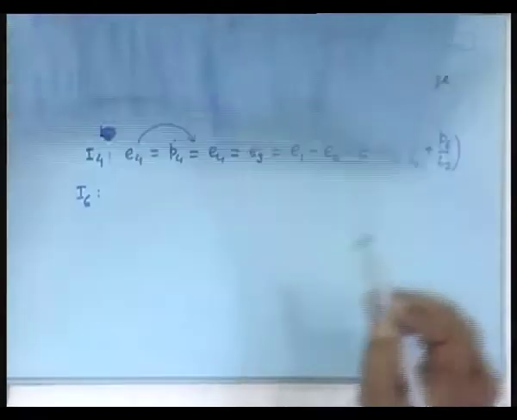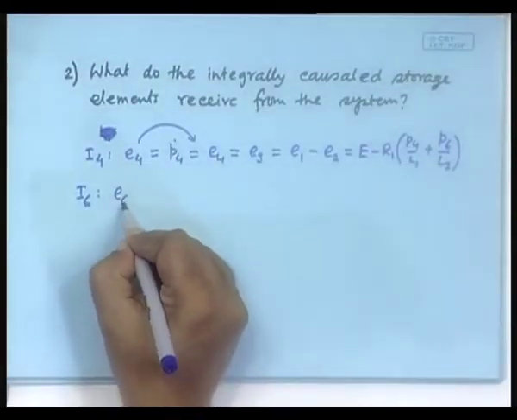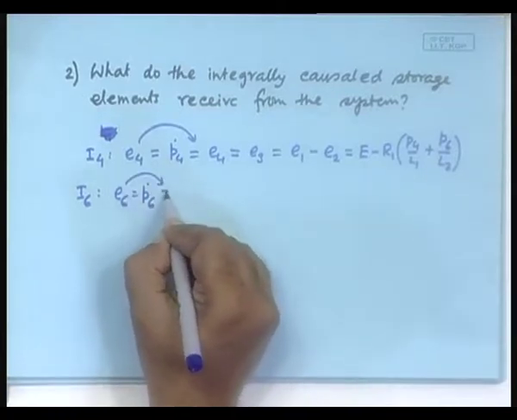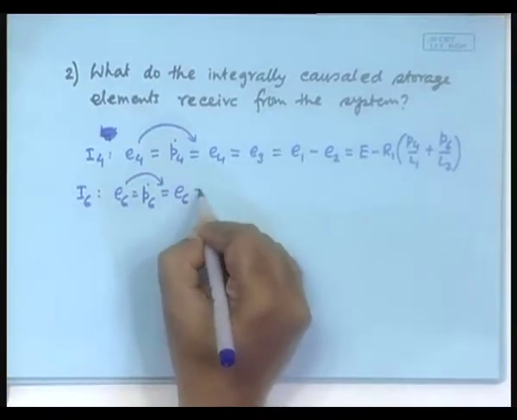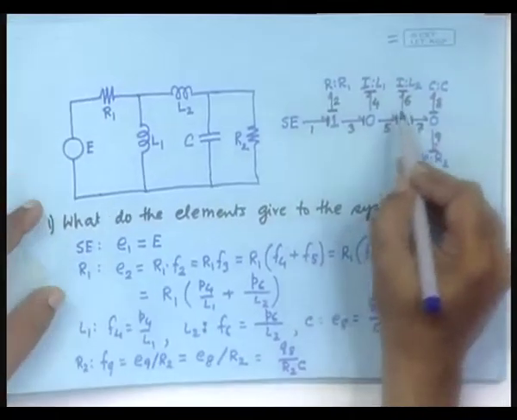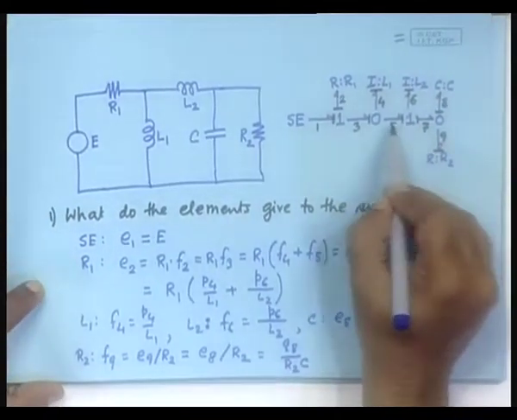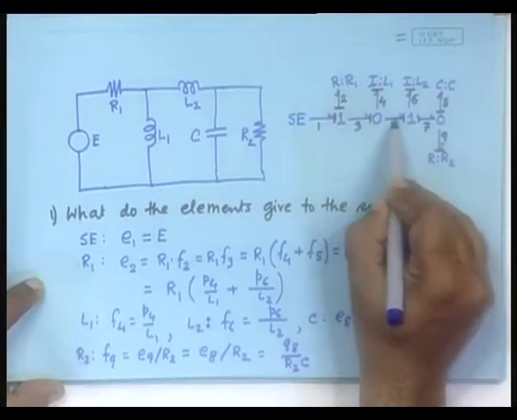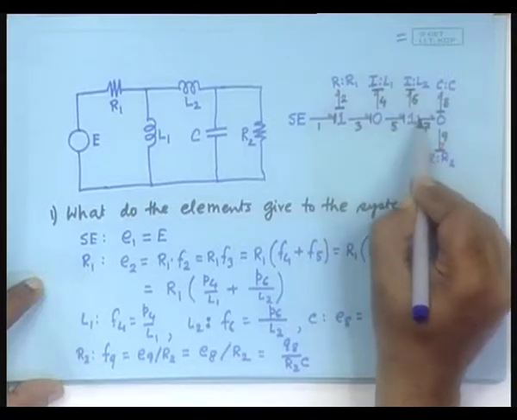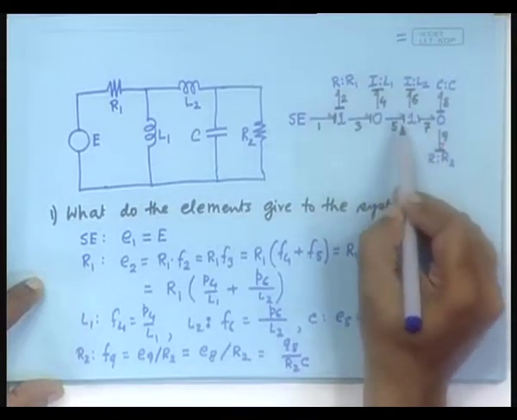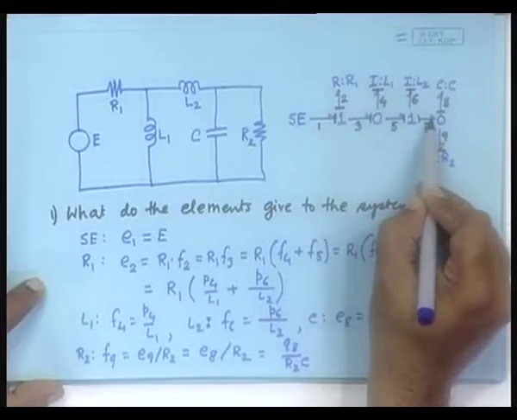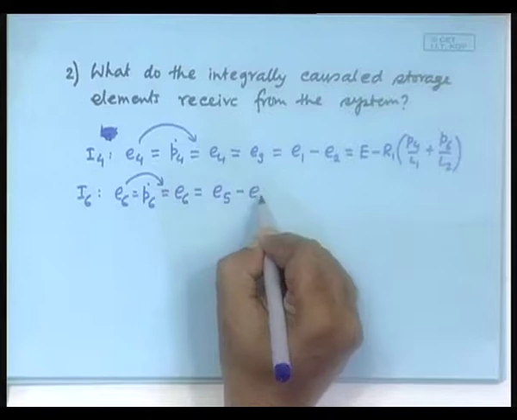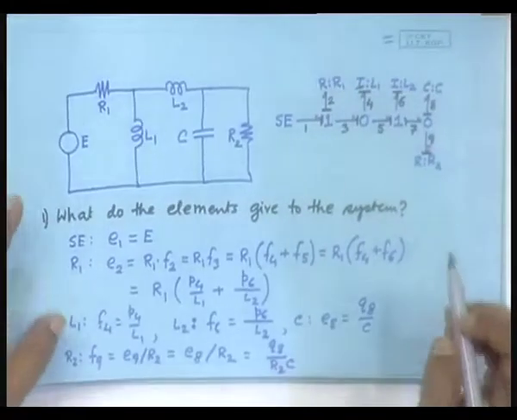It is E6. So, E6 is equal to P6 dot, and then we bring it to this side. Now, E6 is, yeah, this is a 1 junction, therefore, notice E5, the power direction is that way, is equal to E6 plus E7. So, E6 is nothing but E5 minus E7. Good.